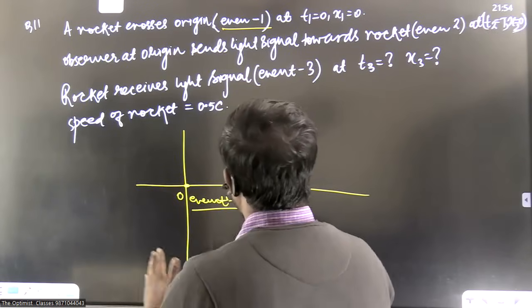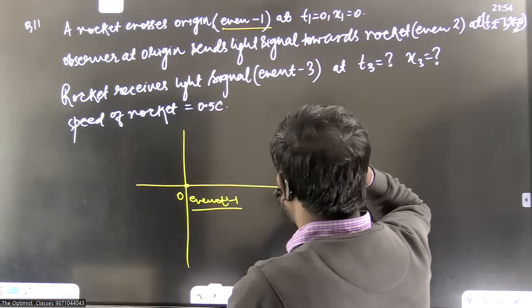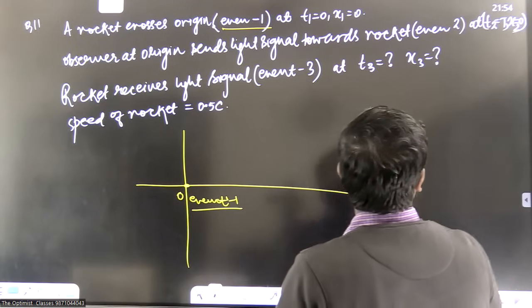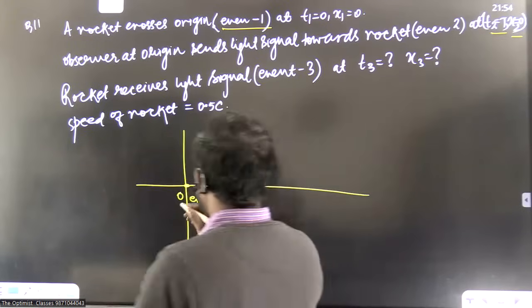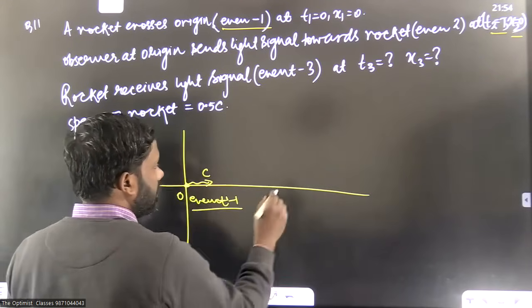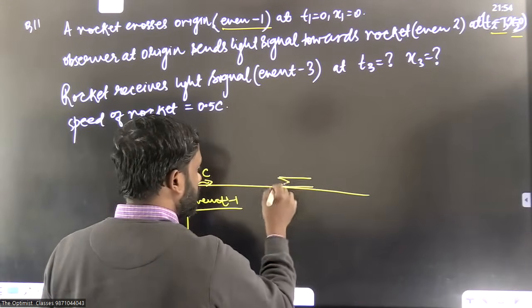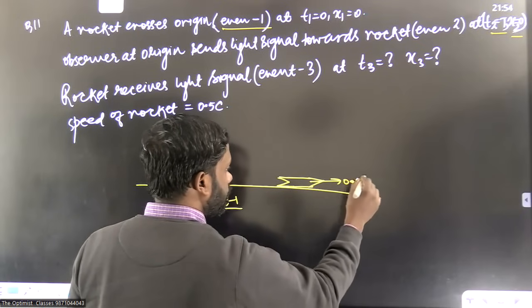Now the observer at the origin sends a signal towards the rocket at t2 equal to T and x2 equal to 0. So event 2 is this: a signal is being sent from here. Suppose the rocket has reached this position now. The rocket is moving in this direction with speed 0.5 c.